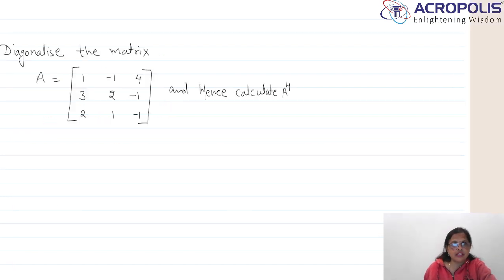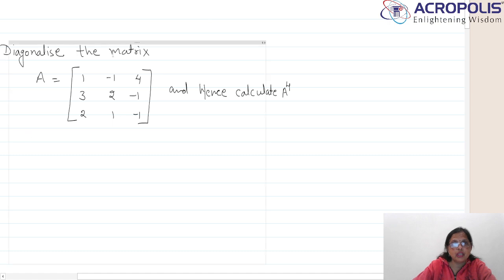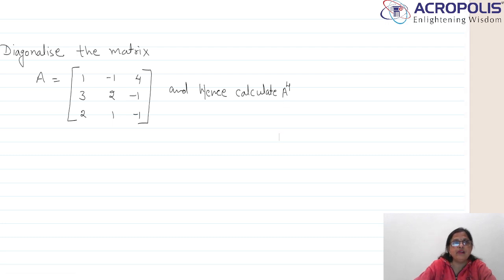So this is our example. First, diagonalize the matrix A. A is a 3 by 3 matrix. This is our matrix, and with the help of diagonalization, find the value of A raised to the power 4.